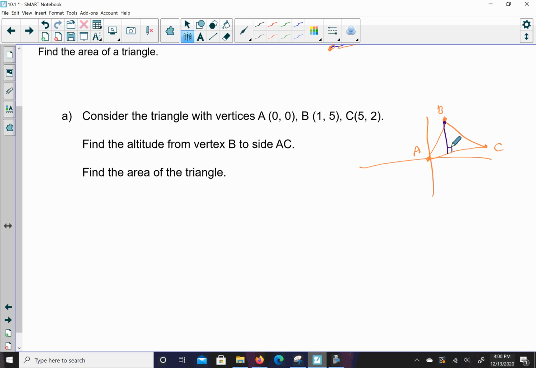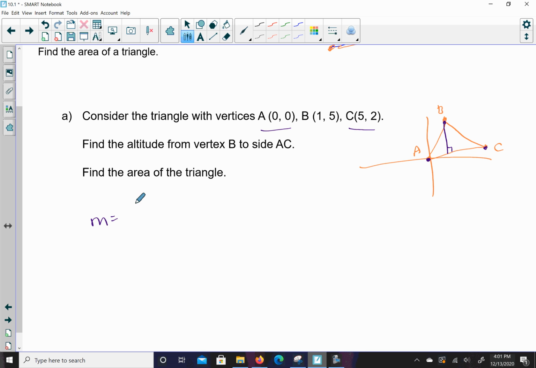So what I'm going to have to do is find the equation of the line that goes from A to C. So let's find A and C. A is 0, 0. C is 5, 2. So I'm going to write the equation of the line. First thing I need is the slope between those 2 points.